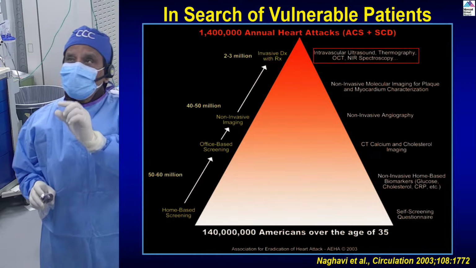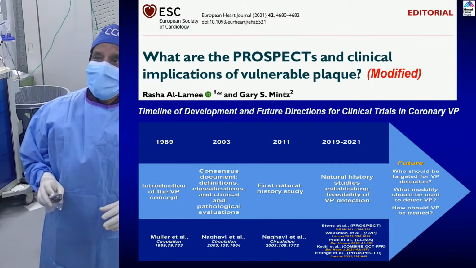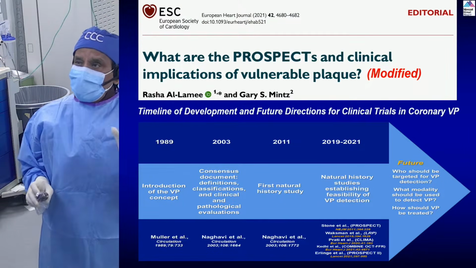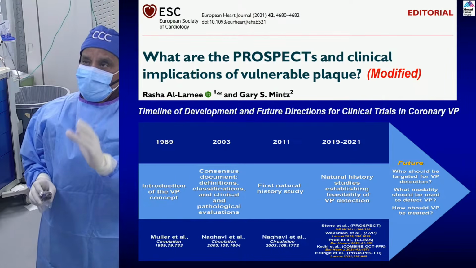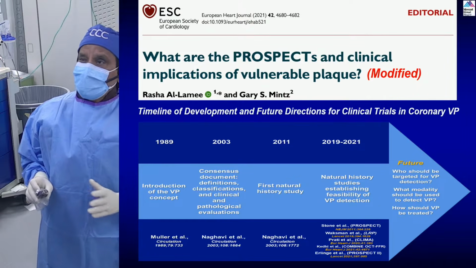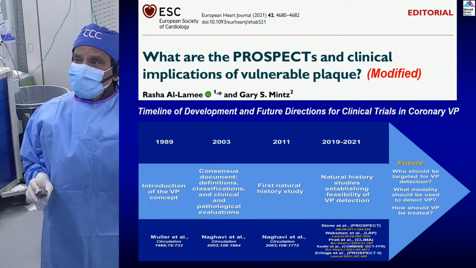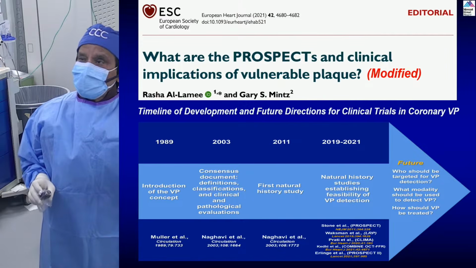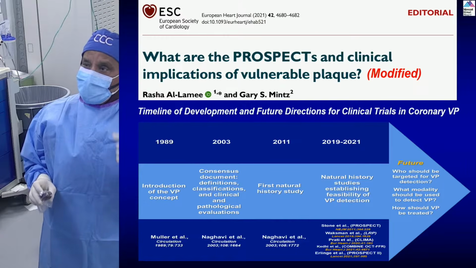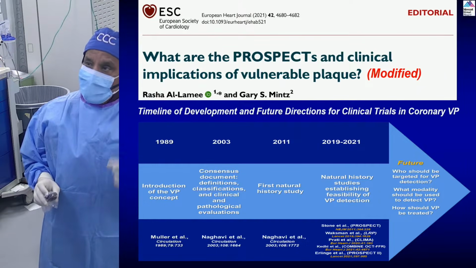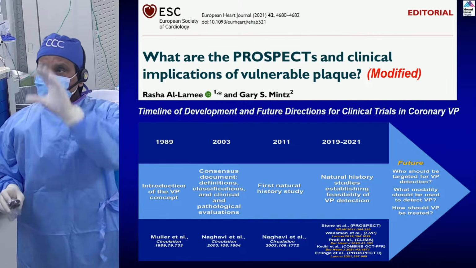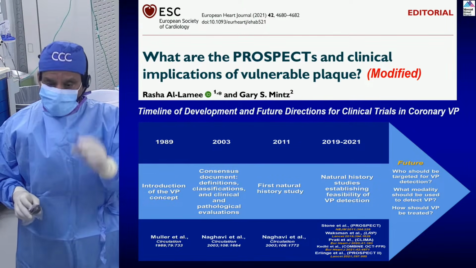So in a selected patient you can identify the vulnerable plaque, and over the years, particularly in the last 4 or 5 years, natural history studies have established the feasibility of vulnerable plaque detection: the PROSPECT by Greg Stone, Waxman, the lipid-rich plaque, PREVENT with the LED, again OCT, CAD combined OCT FFR, which we just showed, and PROSPECT 2, again with the NIRS and OCT. All have looked into and predicted that these are the vulnerable plaque.